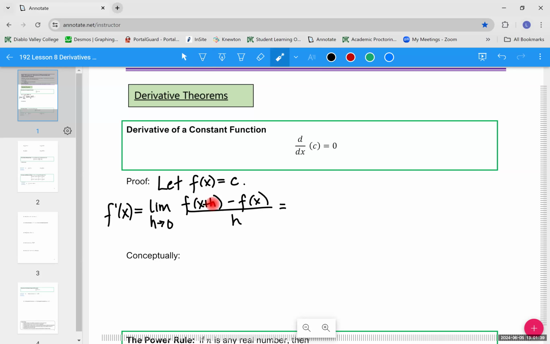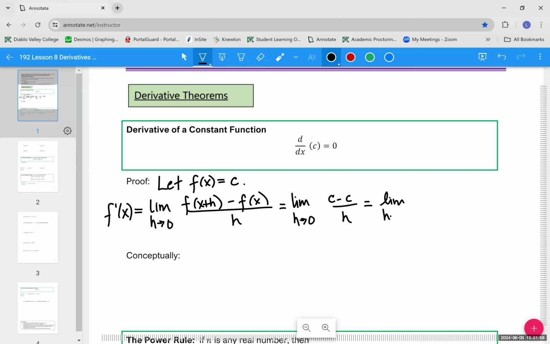But when I plug x plus h into this function, what do I get out? c. When I plug x into this function, what do I get out? c. So that numerator becomes c minus c, which is just 0.